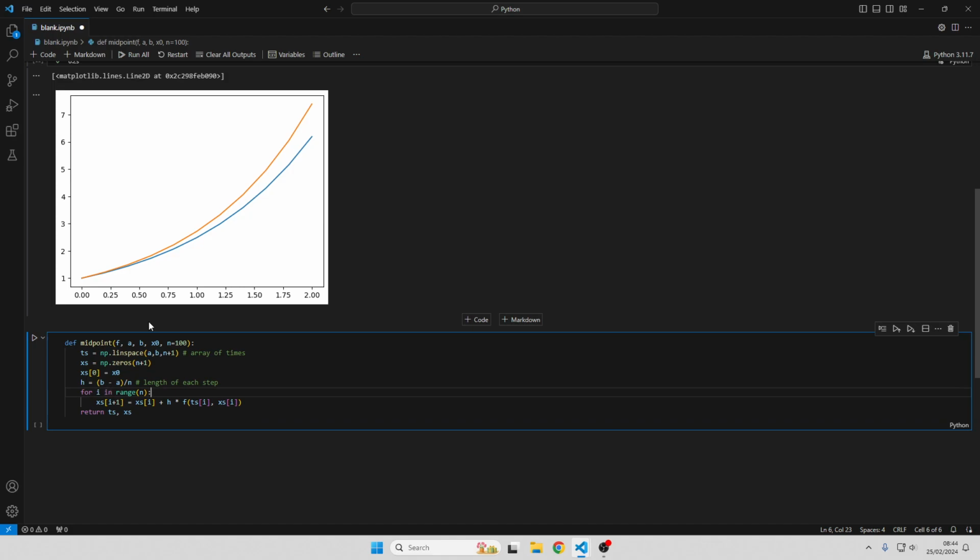Instead of doing this thing here, we're going to try to work out what the derivative should be at the middle of the time step instead of the beginning, because that's more likely to be accurate. So what's the time at the beginning of the time step? Let's call that tt.